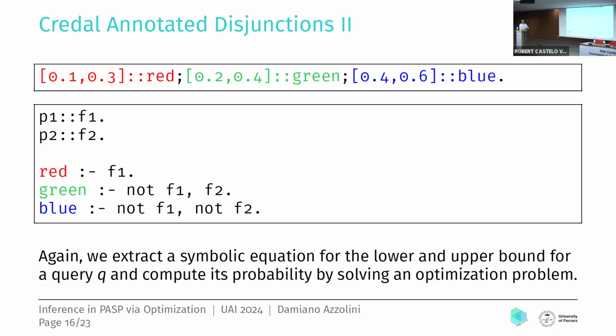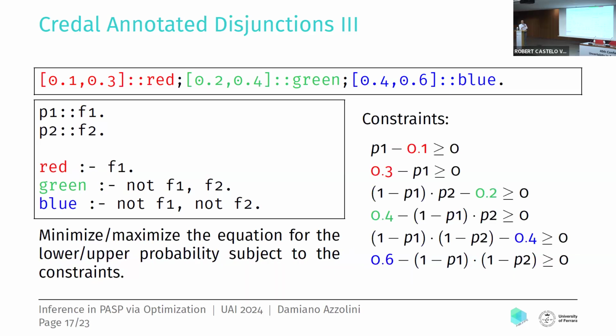And again, we repeat the same process as before. We obtain a program like this. We extract the equation, and then we optimize. The only difference is that now the constraints are a little bit more involved, since we need to account for this disjunction. What are the constraints for this simple program? P1 must lie in the range 0.1, 0.3, which is the original range.